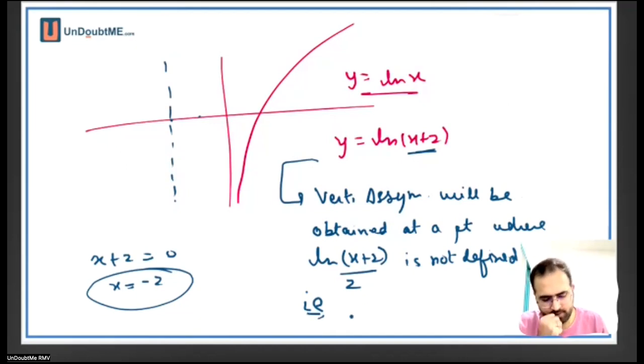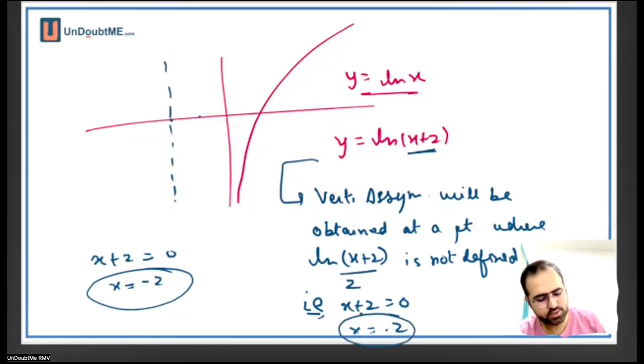That is, x plus 2 equal to 0. Log is not defined at 0. So you just put that thing equal to 0, and that will give x equal to -2.